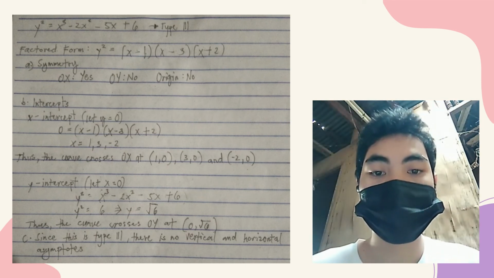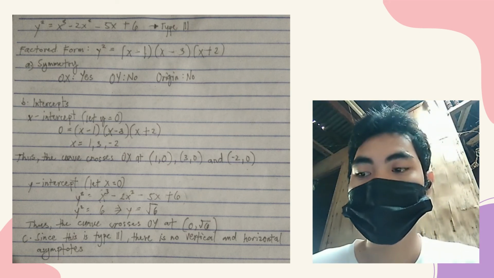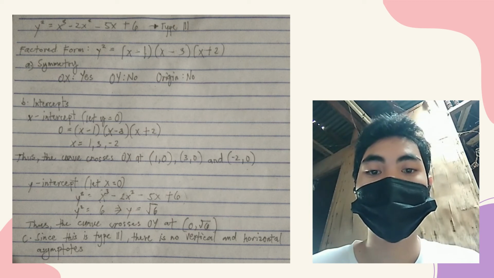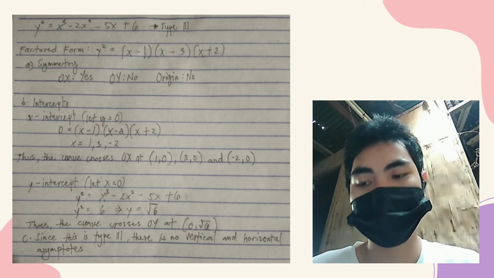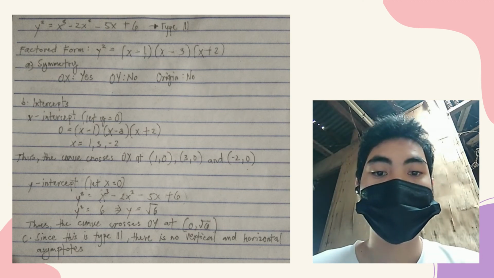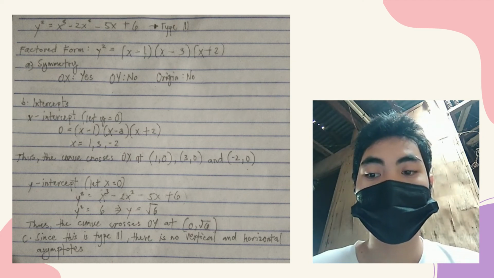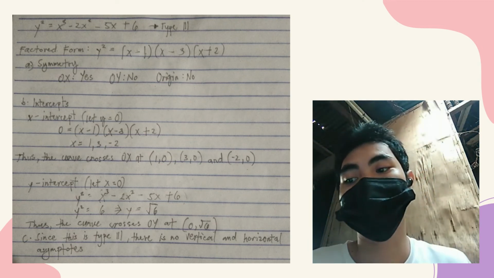And if you transpose it, x will be 1, 3, and negative 2. Thus, the curve crosses the origin of x at points 1, 0, and 3, 0, and point negative 2, 0.